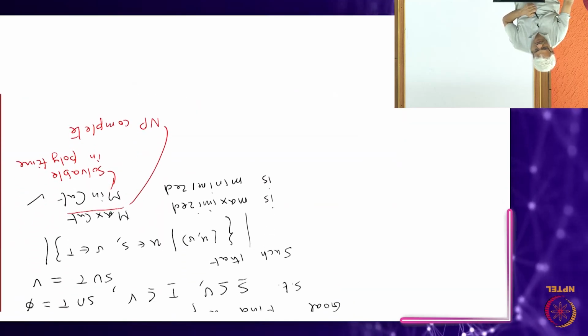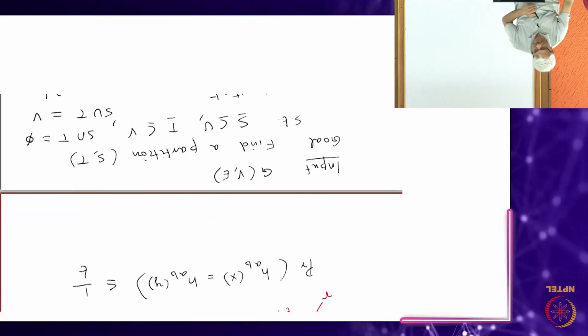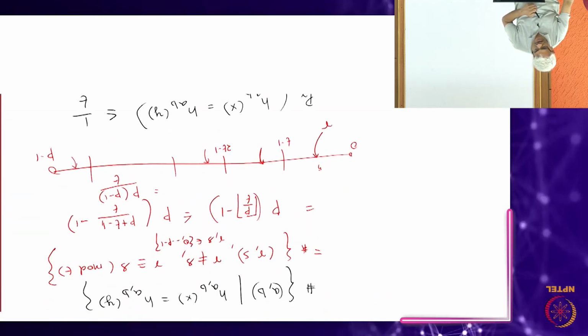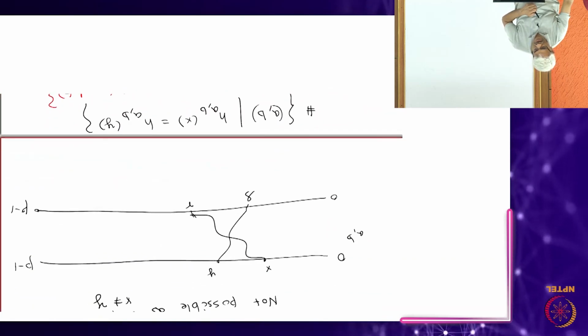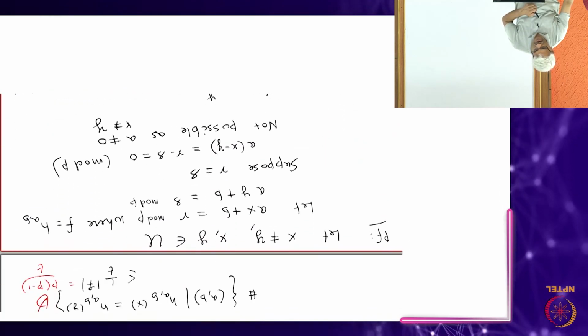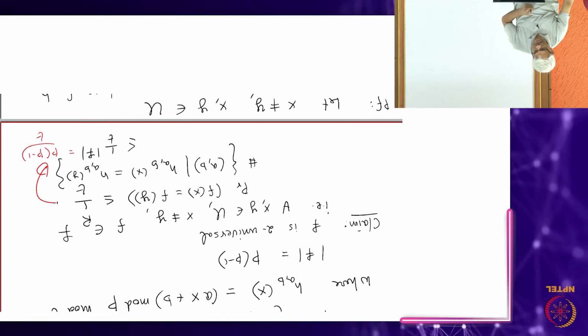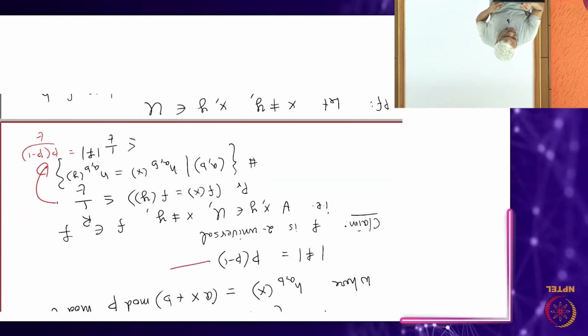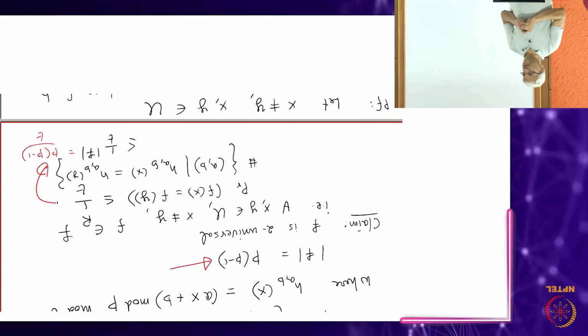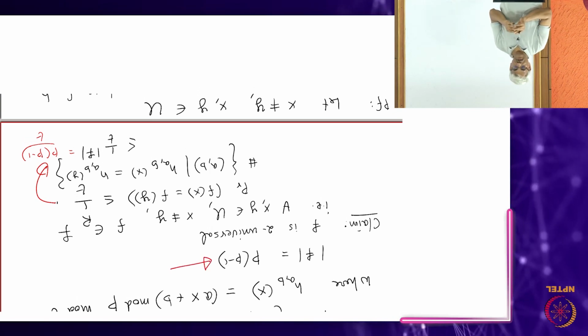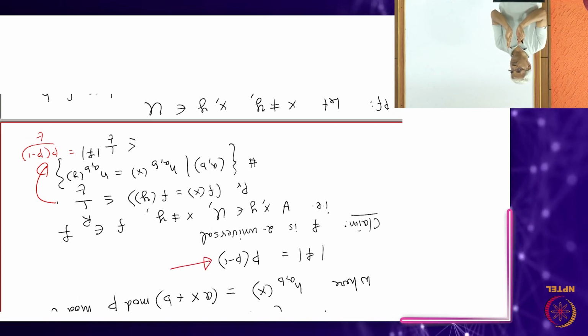What is the size of our universal hash family that we defined? This was the size of the family, P into P minus 1.